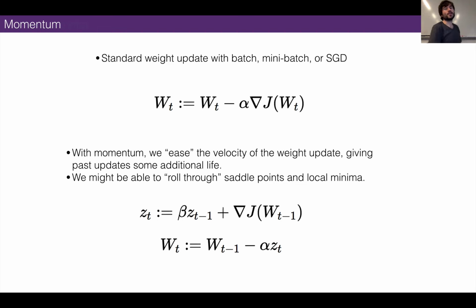So in normal gradient descent, the ball would stop, because we're only moving it according to what the slope is. But if we let this speed decay slowly, so that it has some memory that decays slowly, we give the weight update rule some momentum. And so if you get to the bottom of a valley, you might be able to roll out of it and then down into the next valley.